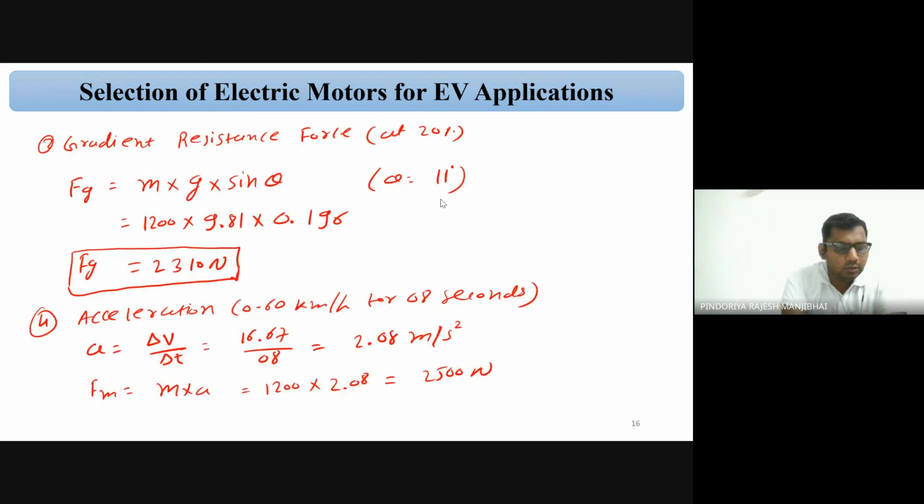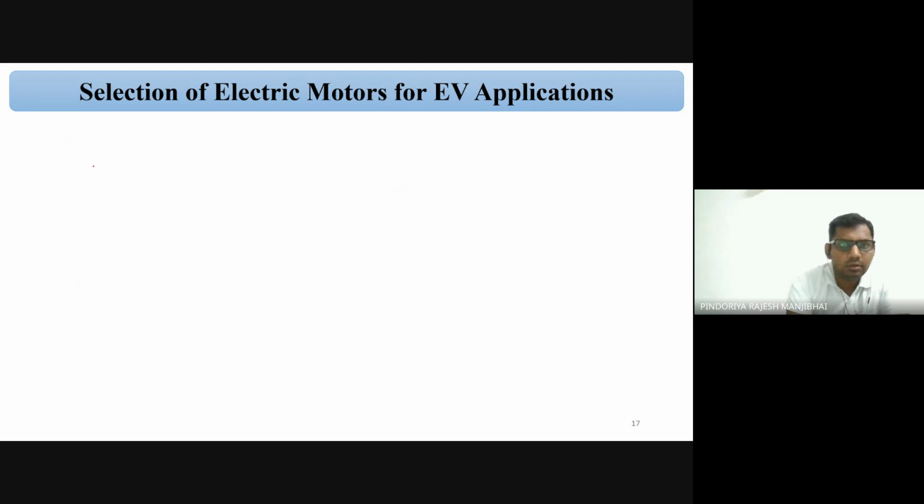Yeah. So next one, peak tractive force. So peak tractive force is nothing but we have to add all the forces.